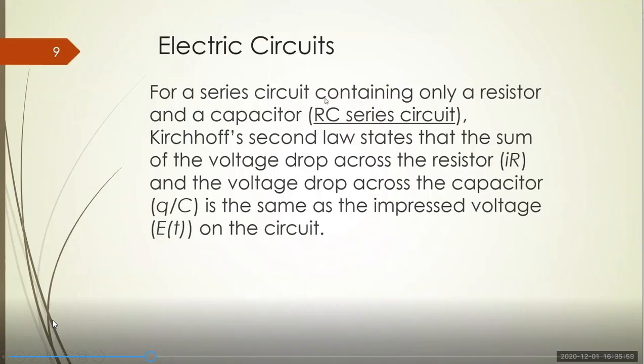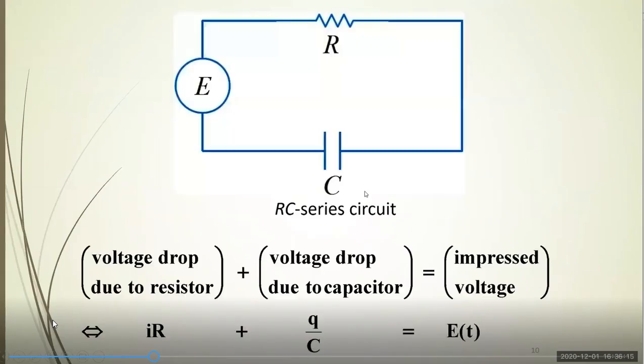If you have a circuit that is an RC, meaning there's no inductor present, the Kirchhoff's second law states that the sum of the voltage drop across the resistor and the voltage drop across the capacitor is the same as the impressed voltage. So in the total voltage, ET, EC, ER, EL, there's no inductor.